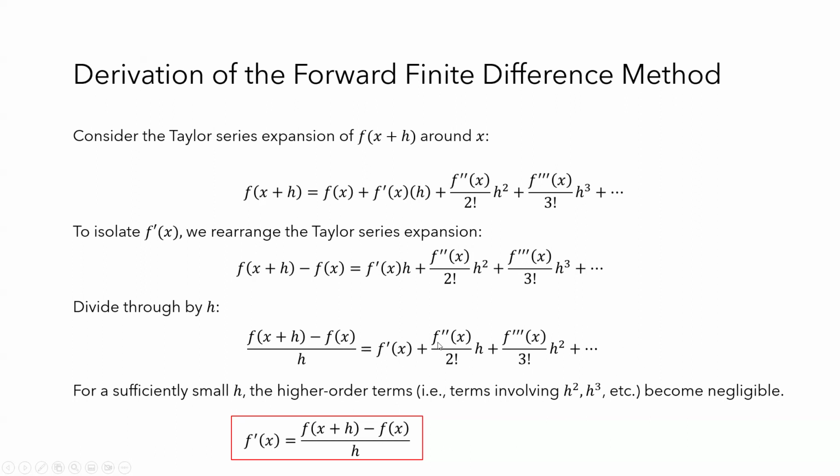And by neglecting these higher order terms, the terms with h and h squared and so on, we get f prime of x is equal to f of x plus h minus f of x over h.